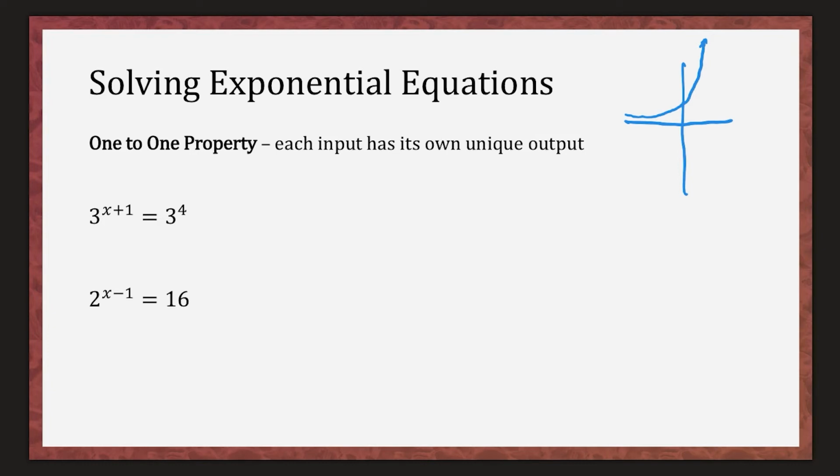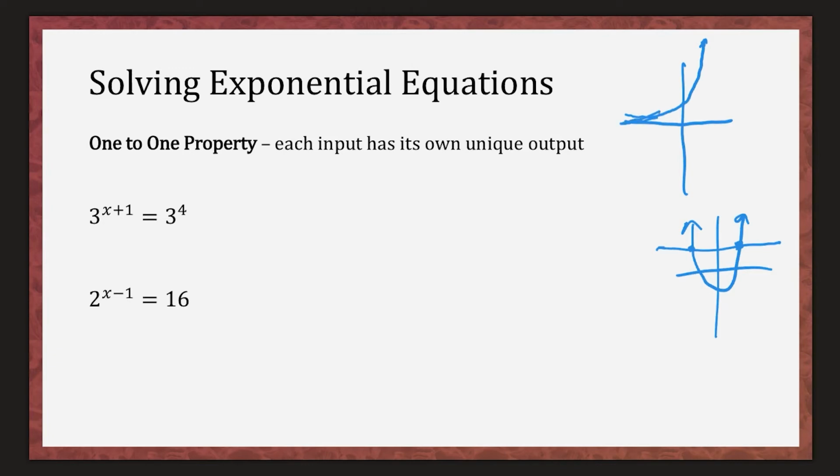The output values weren't repeated. That's different than, let's say, a parabola, where you can pick almost any point on the parabola that has an output value the same as the point over there, anywhere where a line would go straight through. So quadratics are not one-to-one functions, but exponential equations are one-to-one functions. Every output value is unique to a different input value, and they are not repeated.